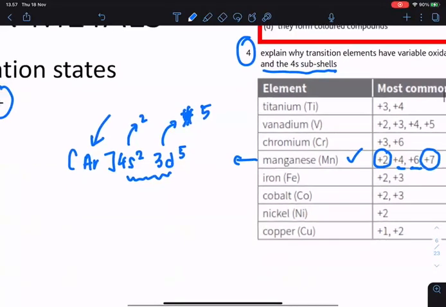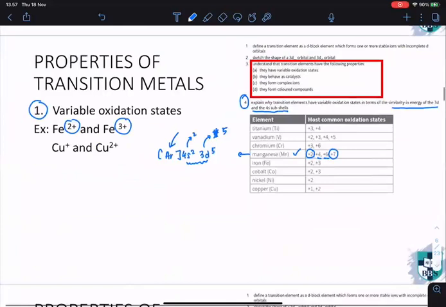That is the reason why you have different oxidation states. So you can take note like copper +, and then you have copper 2+. The reason is still the same. You always remove the electron from 4s before removing from 3d.